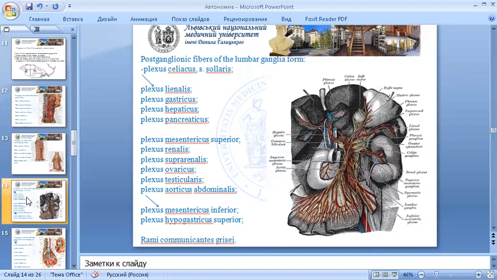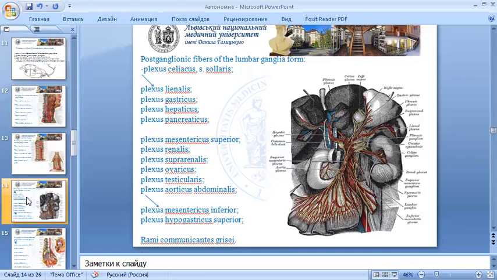The rest of the plexuses which are related to the abdominal cavity are plexus renalis, plexus suprarenalis, and we know that the suprarenal gland has sympathetic innervation. Plexus ovaricus in female, plexus testicularis in male, plexus aorticus abdominalis, which creates the plexus in the walls of the aorta, the biggest vessel of our body. This is the second big plexus in the abdominal cavity.